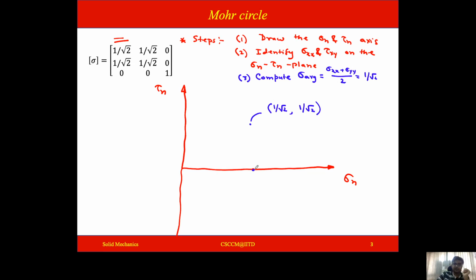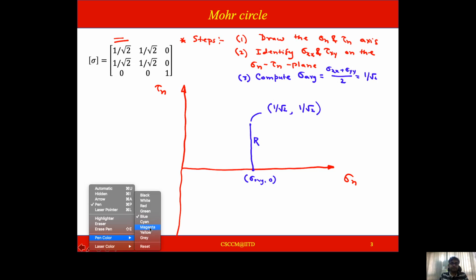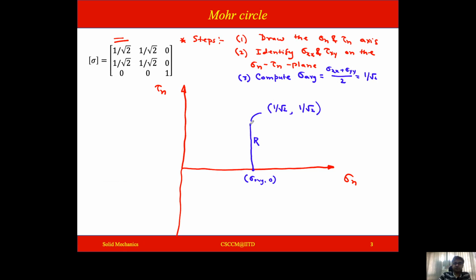So this point you see here is actually your center. So this is my center, which is sigma average, comma 0. So I have my center, I have this point, so I can connect these 2 points, right? And this is my radius. And now I am in a position where I can draw the circle. So let us draw the circle. Let me change color once again.